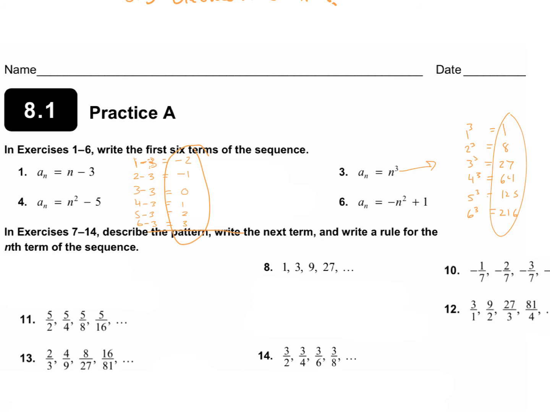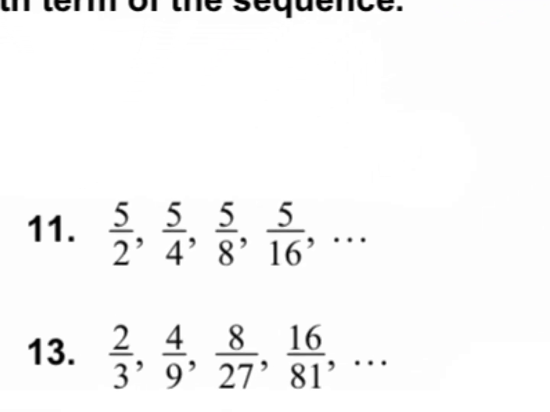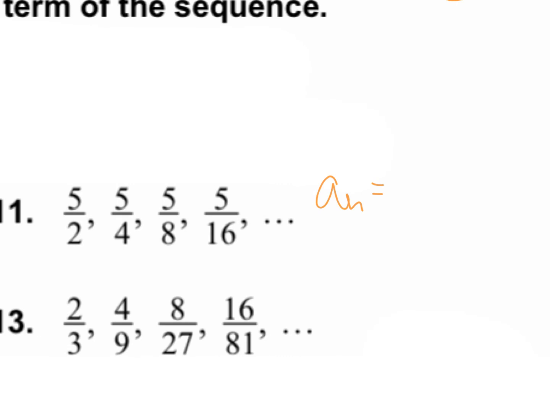All right. In the next section, we describe the pattern, write the next term, and write a rule for the nth term of the sequence. These are not arithmetic and not geometric, so we have to figure out our own rule. So we have a sub n is equal to, remember, when it's a fraction, take it one step at a time. So let's just look at our numerators. What do you think our rule is going to be in our numerator?